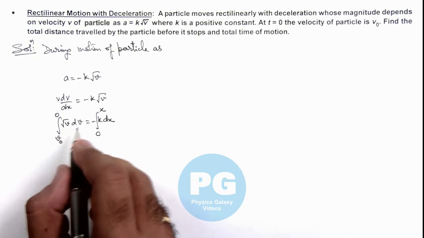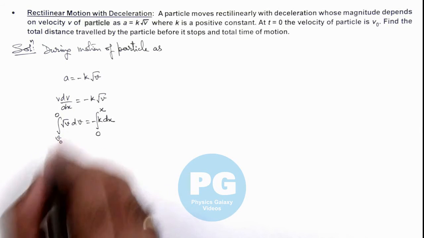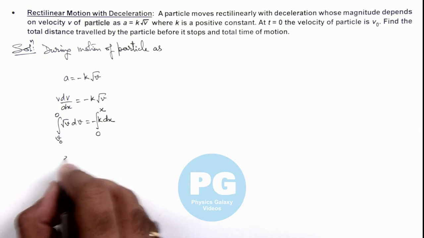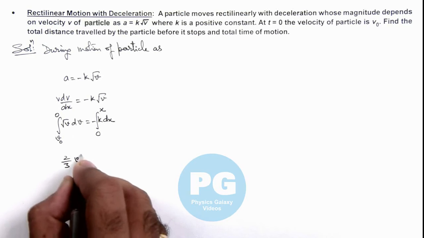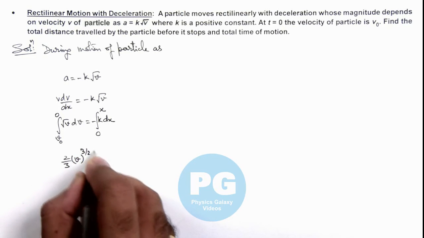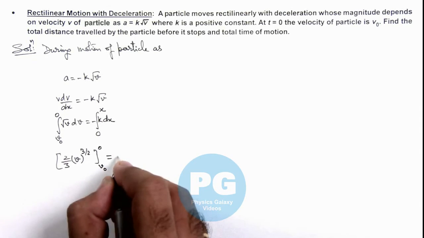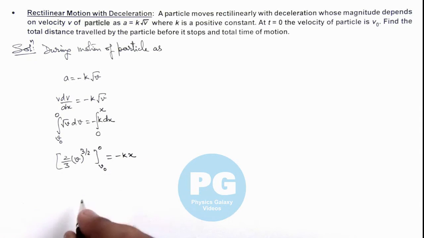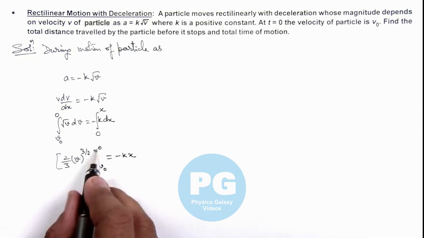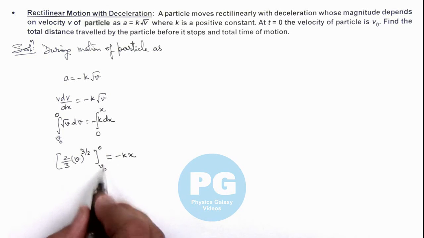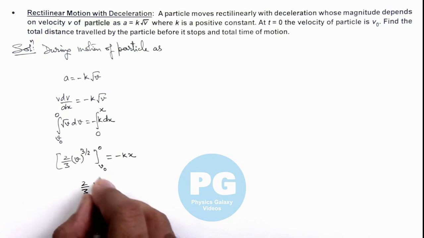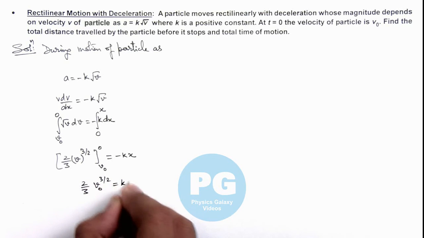On the left hand side, the integration will be 2/3 v^(3/2), and we put the limits from v₀ to 0, and on the right hand side we get −kx. Here the minus can be eliminated and we substitute the lower limit. So 2/3 v₀^(3/2) = kx.